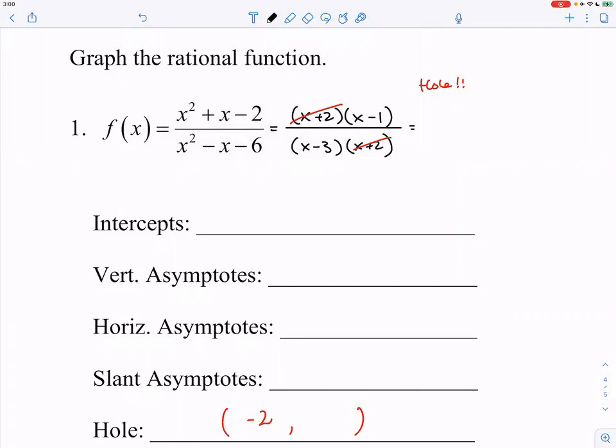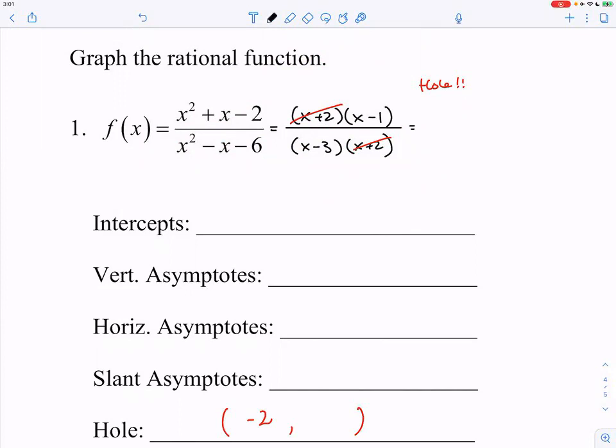If you have -2 for the x here, that would make this parentheses equal to 0. You multiply 0 for the denominator, the whole denominator becomes 0. And when the whole denominator becomes 0, the whole fraction is undefined. So that's not a good thing to have.